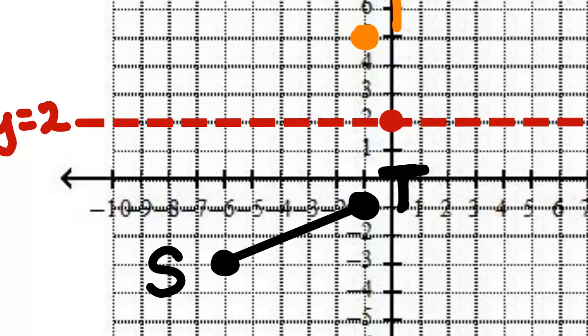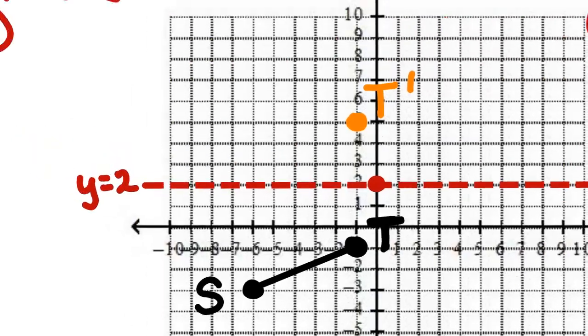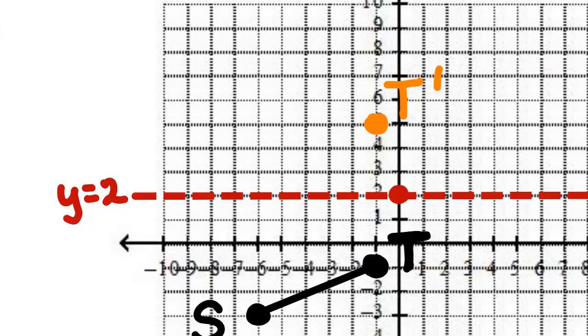And then we're going to count to get from S up to the line. How many hops from S up to the line? Five. 1, 2, 3, 4, 5. So on the other side, we go 1, 2, 3, 4, 5. Place the point. Label it as S prime.